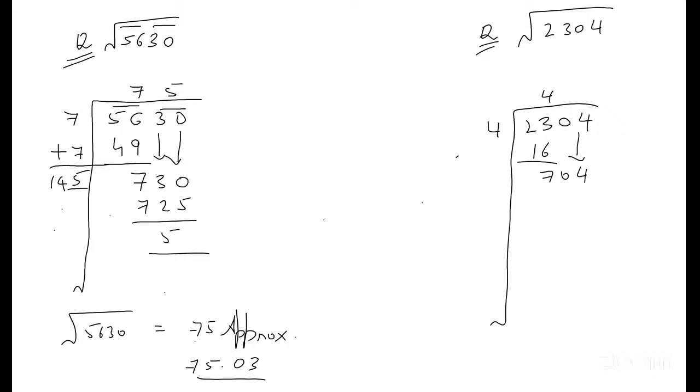Add 4, 8 and a blank. Now, what will we put? We will put 8 here and 8 here. When we do 88 into 8, we will get 704. Okay. So 48 is the answer. Now, hope you all understood how we work on this, right? Yes, ma'am.